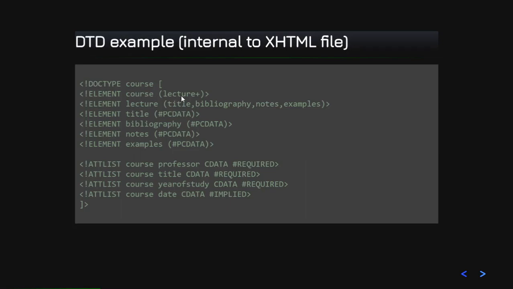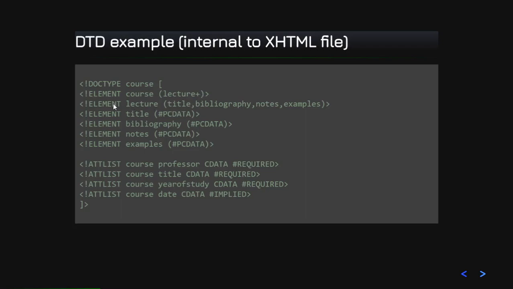This one defines that the doc type of the document which complies to this DTD is course, and the document should contain a course tag, which is the root of the document, just like the HTML tag for HTML documents, and this root tag should contain several lecture tags as children.